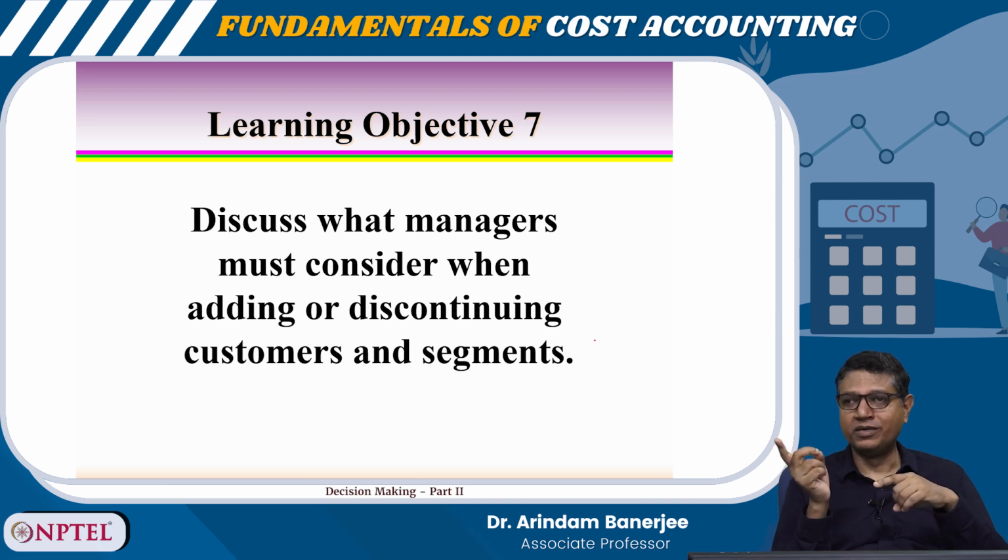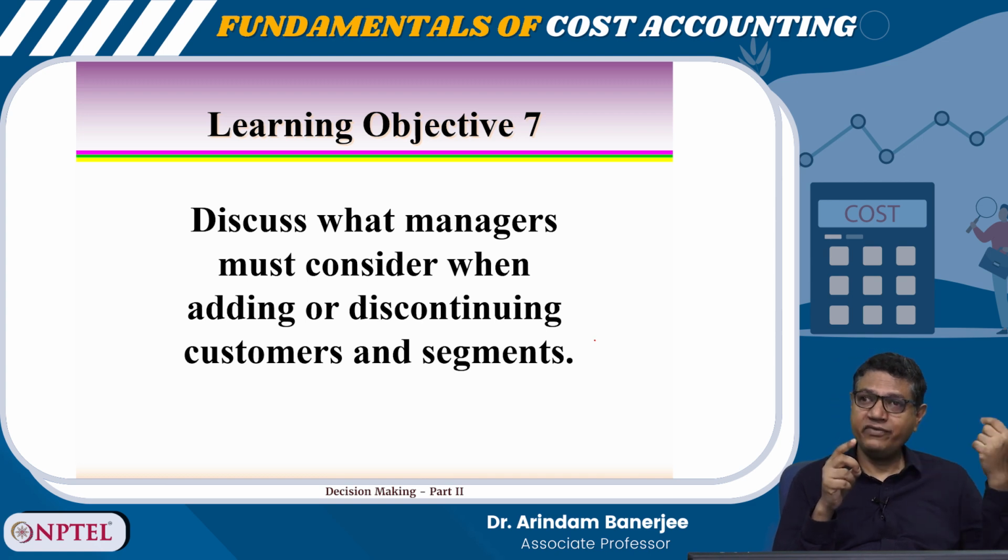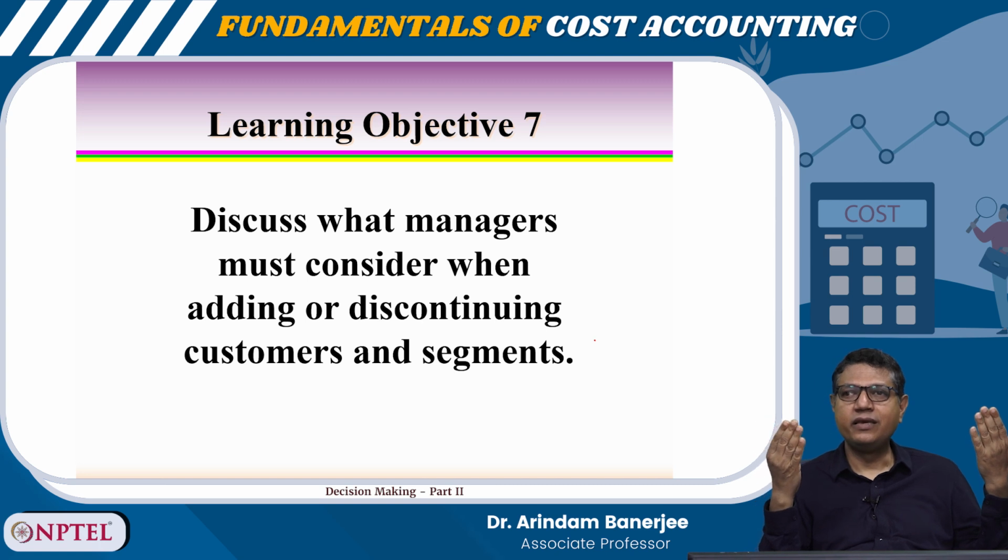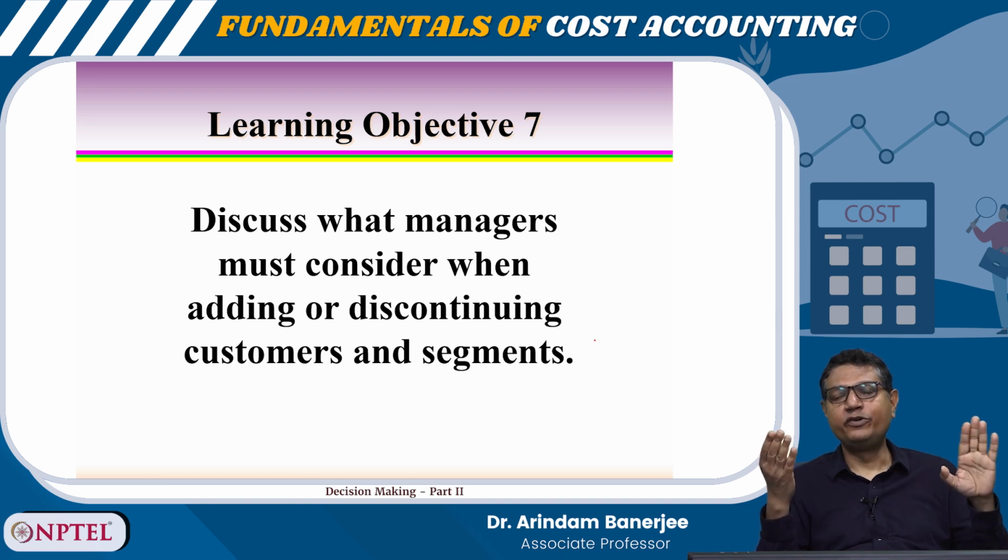So he may not be profitable. But the other supplier who is offering it at rupees 5 may be profitable. Why? Because if he manufactures it inside, his relevant cost is rupees 6, whereas the outside agency is supplying at rupees 5. So the second supplier may be better compared to manufacturing it inside.